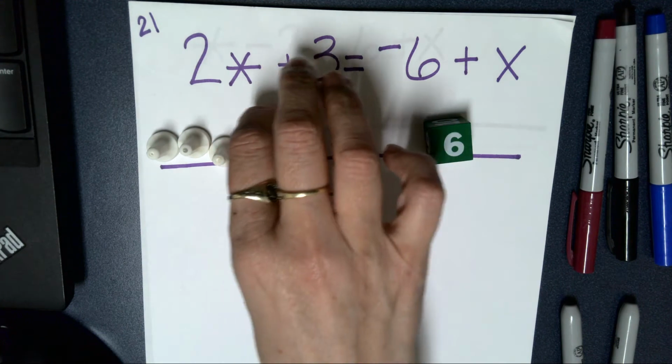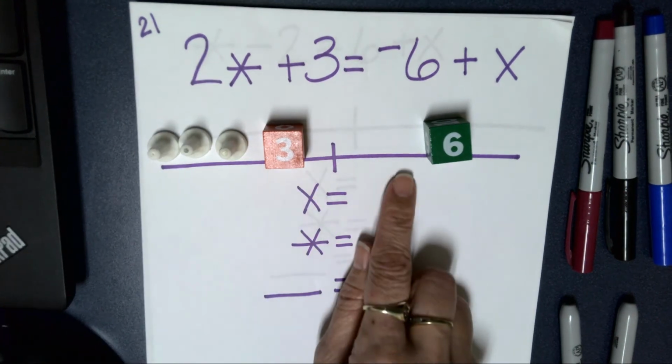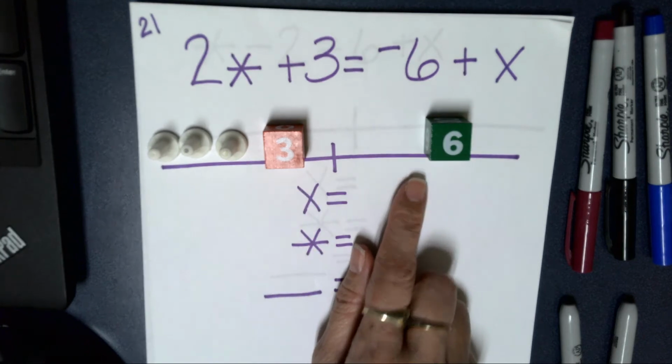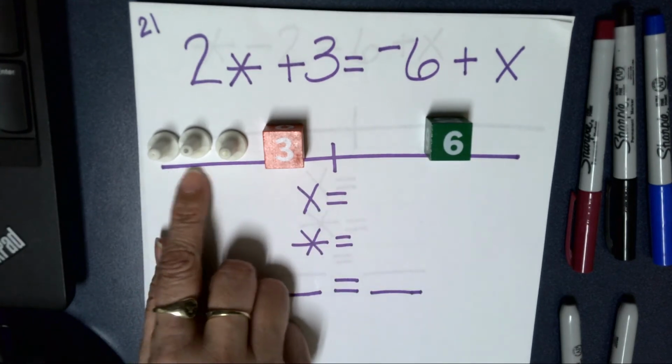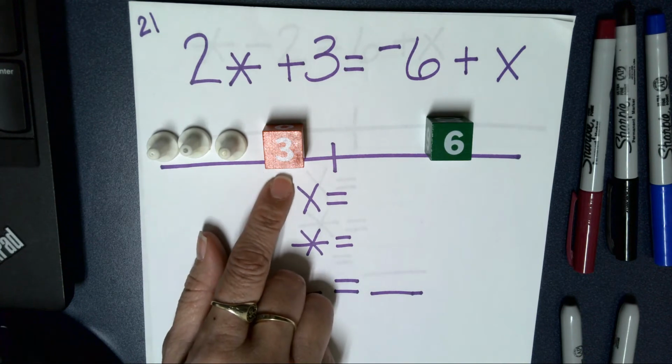Now we know that we have 3 stars and a 3, which is equal to the opposite of 6. Well, since we have our 3 stars on the left, we want to move this 3 out of here. So how do we get rid of a positive 3? So think about that for a second. If we have a positive 3, how do we get rid of it?